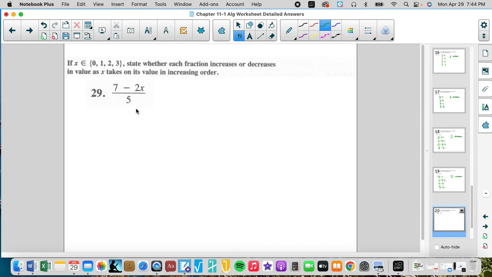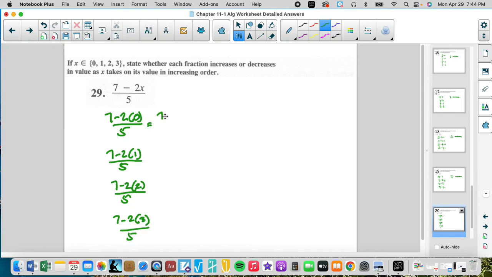These are fun. Oh, that's a nice, another good one. 7 minus 2 times 0 over 5, 7 minus 2 times 1 over 5, 7 minus 2 times 2 over 5, 7 minus 2 times 3 over 5. This becomes 7 minus 0 over 5, which is 7/5.